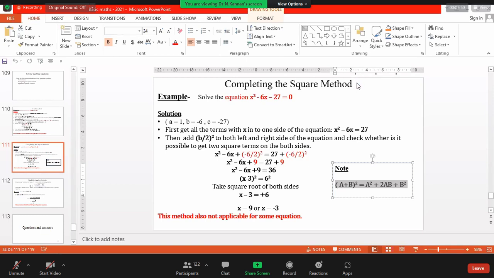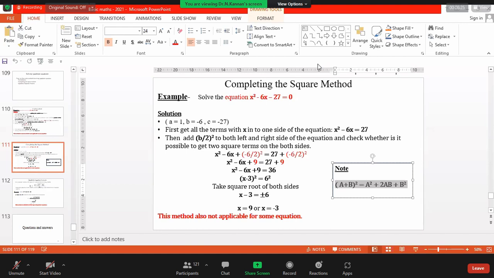First we have to find the values for A, B, and C in the given equation. Then we have to rearrange the equation so we get all the x values on one side. And we have to add to both sides, left and right, the value that we got for B, divided by 2, and we have to get the square value.